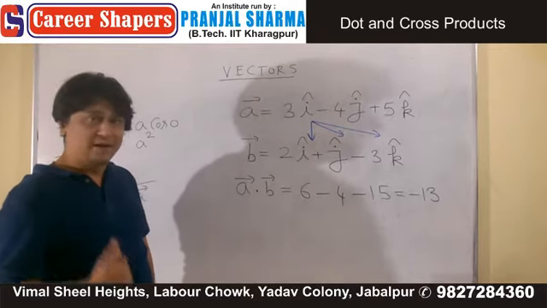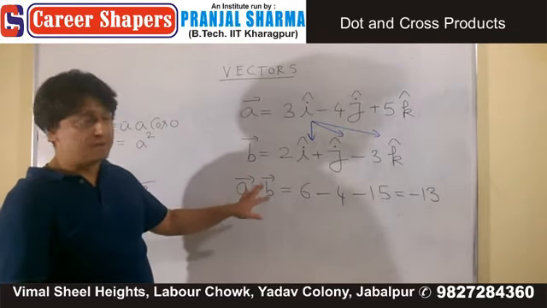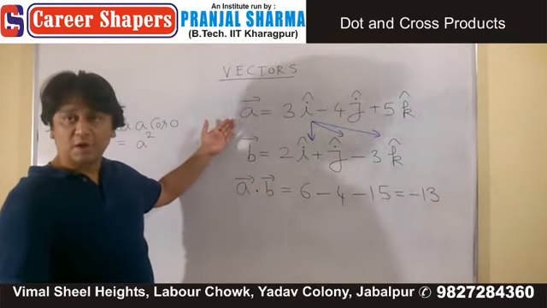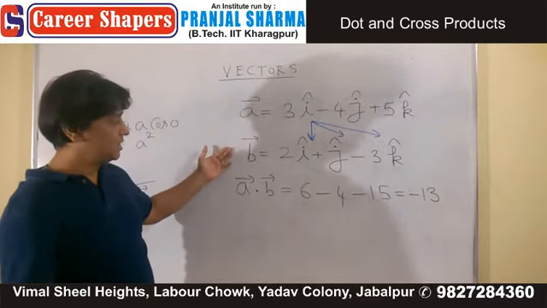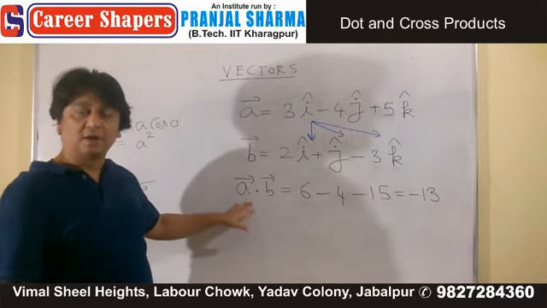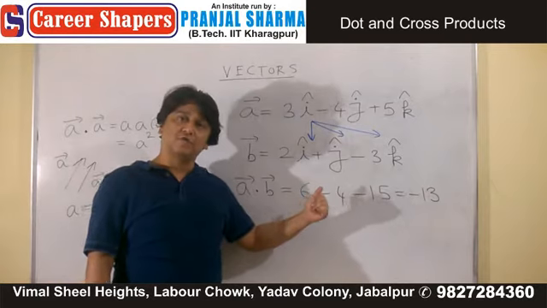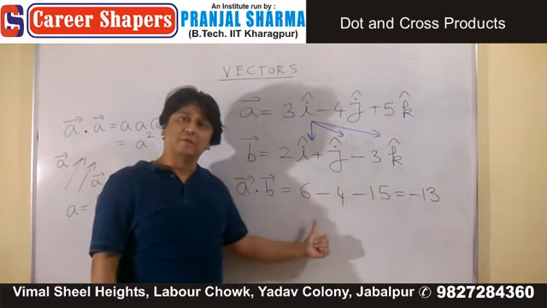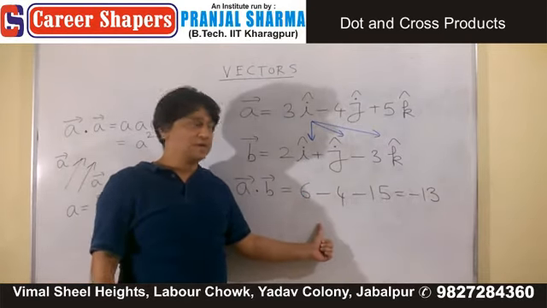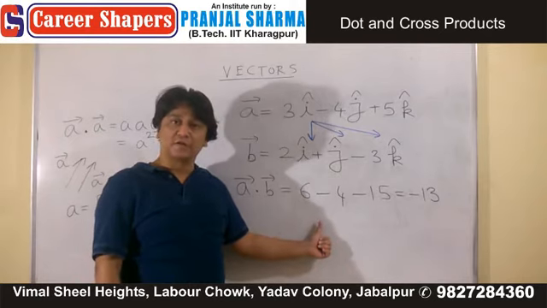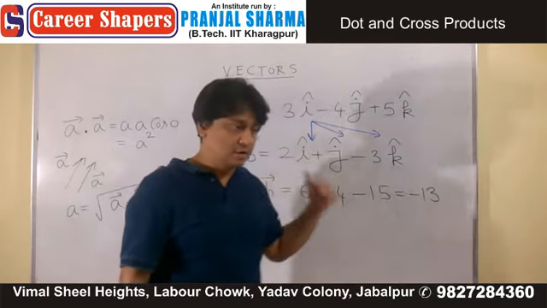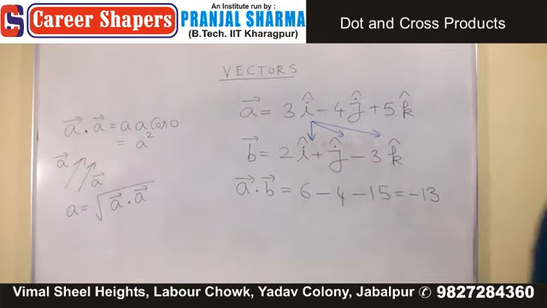But believe me, all these things are very elementary. So the question is that this is A and this is B. We have found A dot B, and our aim is now to find the angle between A and B. I'm giving you 1 minute's time. Let's see how many of you can find this angle. Note down this much.